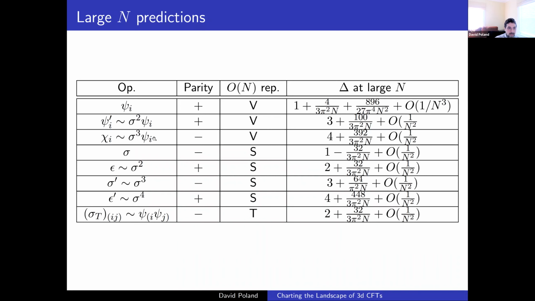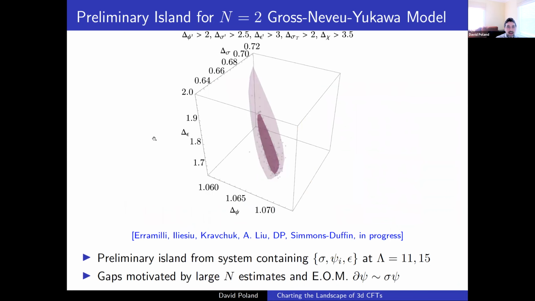To compute this island, we're imposing a fairly big gap in that parity odd O(N) vector sector. Here we impose 3.5. Imposing that gap is effectively imposing the equation of motion constraint. A priori you'd expect a low dimension operator in that sector, but here we're imposing a big gap to forbid it from existing, and that helps very much to carve out this island. I see. Thanks.